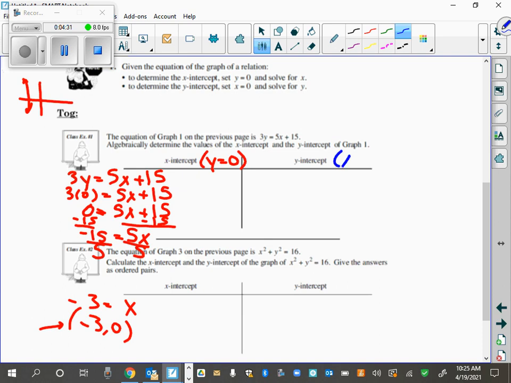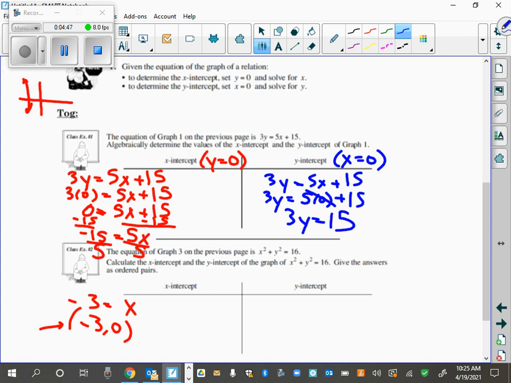Alright, same thing here. Y-intercept, x equals 0. Wherever you see an x, you put 0. So 5 times x becomes 5 times 0, which just cancels, and you have to solve that. So solve that, please.